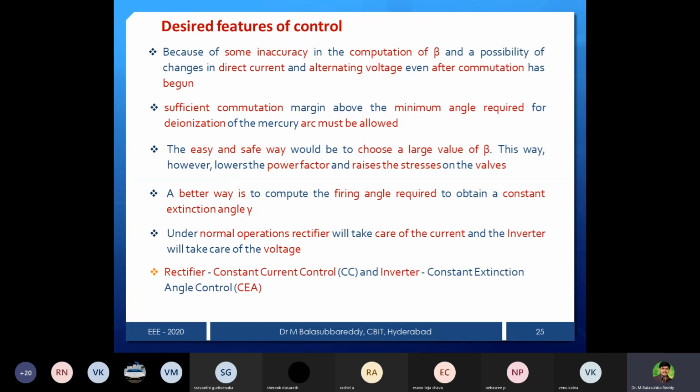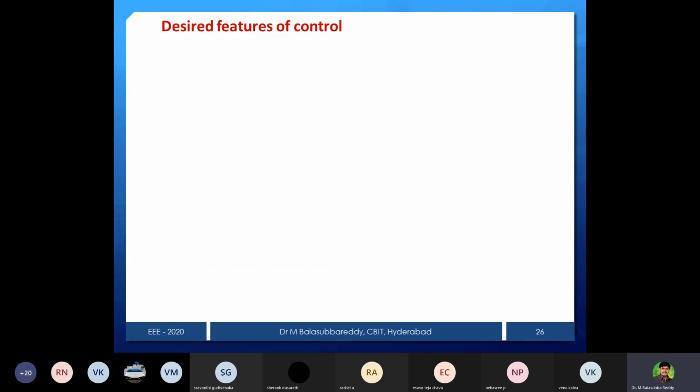You can see that CC operation, the constant current control strategy, belongs to the rectifier, and the CEA, constant extinction angle control strategy, belongs to the inverter side.